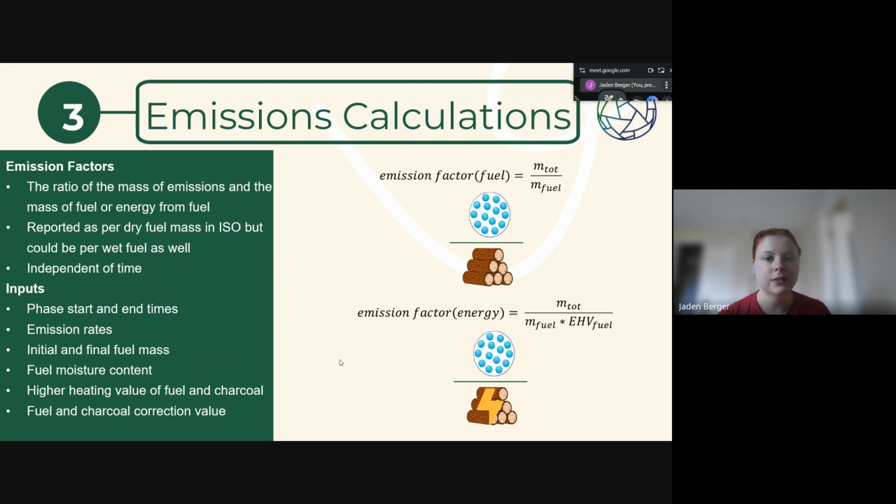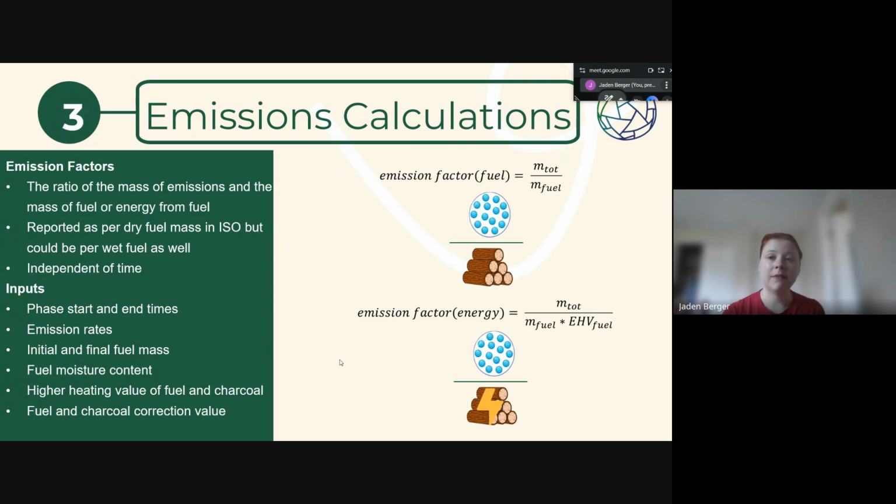Okay. Emission factors. So unlike emission rates, our emission factors are independent of time. This can be helpful. Emission rates are actually pretty good for ISO because we have the same phase time.